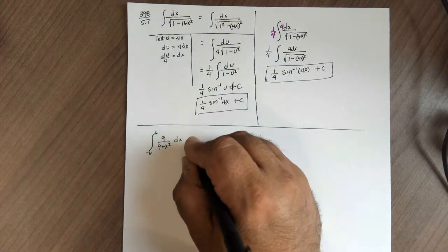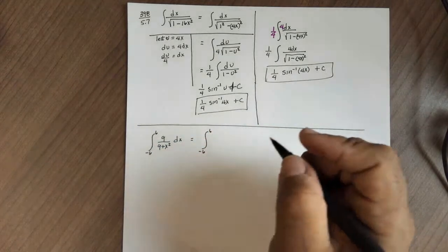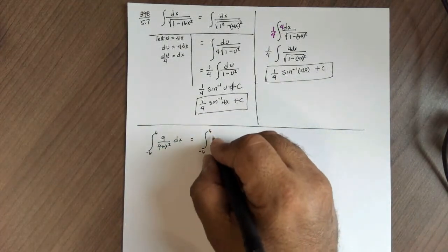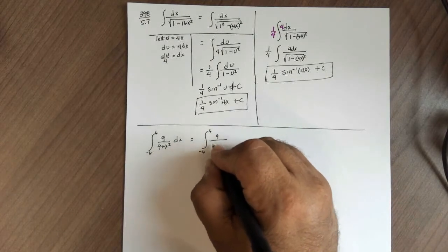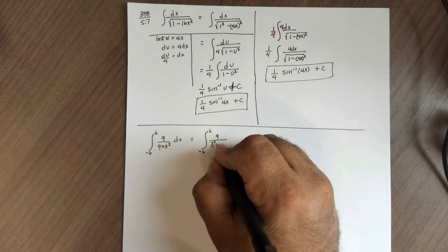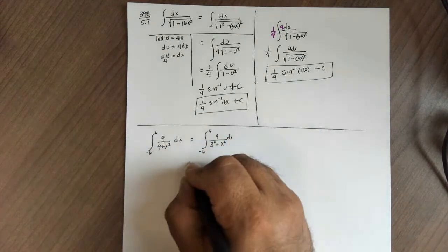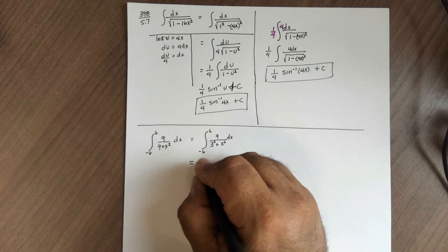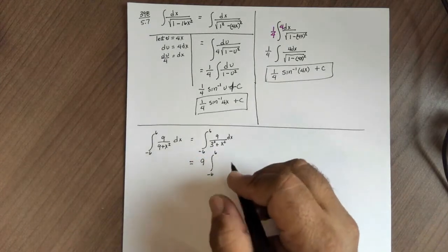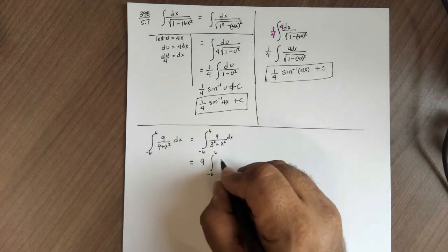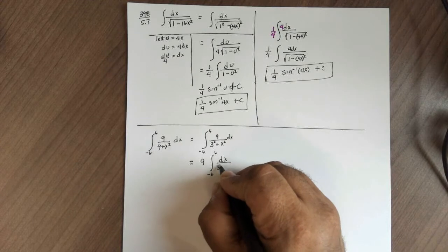It looks like minus 6 to 6 of 9 over 3 squared plus x squared dx. We can simply rewrite that by taking out the 9, so from minus 6 to 6 of dx over 3 squared plus x squared.